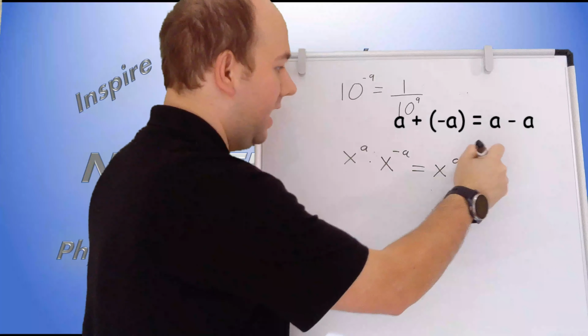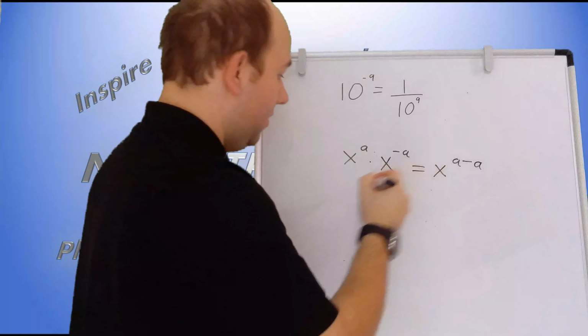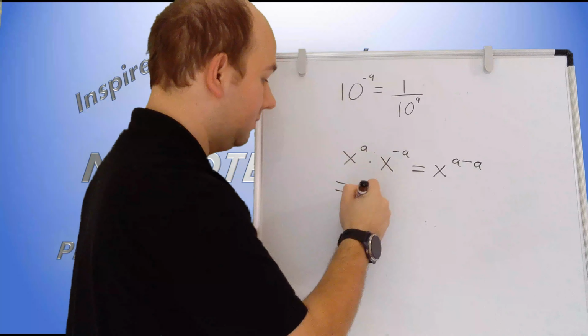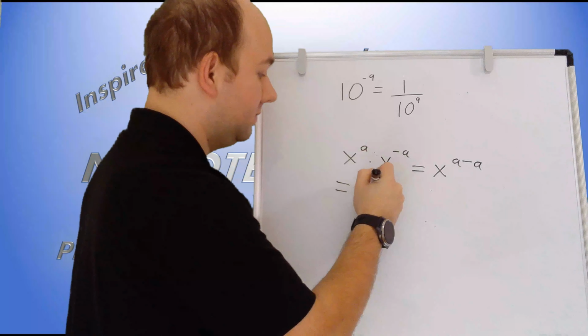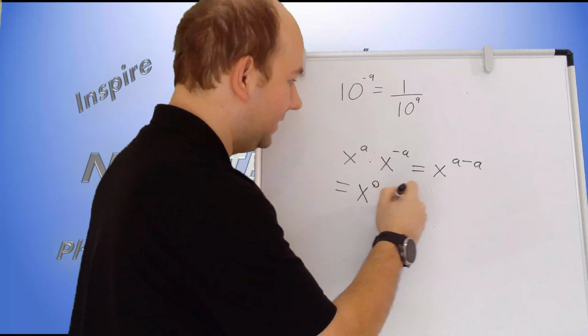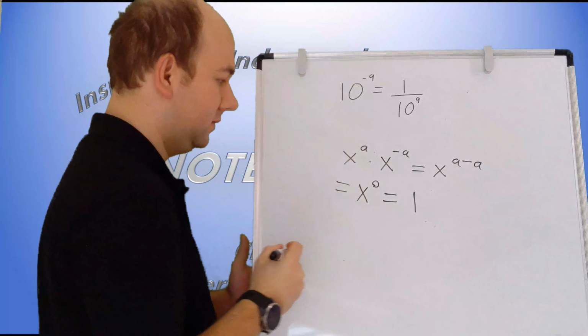We can write that as equal to x to the naught, and using that identity we had previously, that is equal to 1.